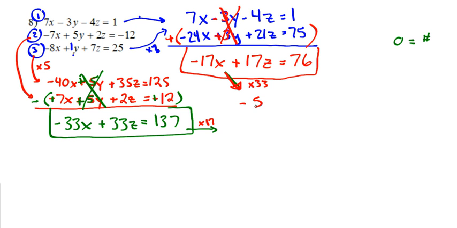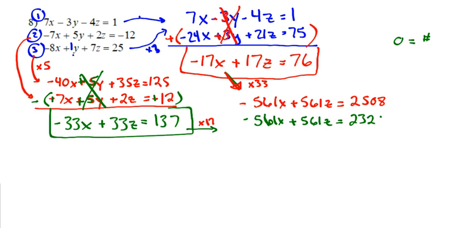Don't be a hero. Negative 561x plus 561z equals 76 times 33 was 2508. Big number. And then 33 times 17 again, it's going to be negative 561x plus 561z equals 137 times 17, 2329.